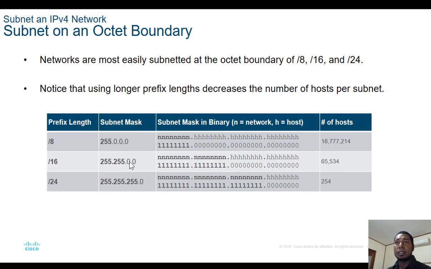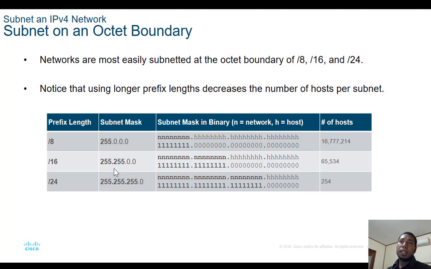With class A, we work with the second octet, borrowing host bits from there to reduce the number of hosts within a network and increase the number of networks. With class C, we'll be working at the last octet, borrowing bits from all the 8 zeros here.